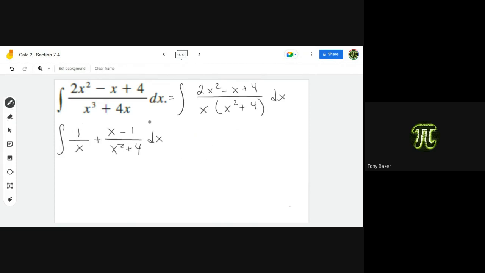It was bx plus c, right? So b is 1 and c is -1. So it's x minus 1. We can now go one step further. I can now split my numerator, my denominator stays the same. So I have x over x squared plus 4 and 1 over x squared plus 4.